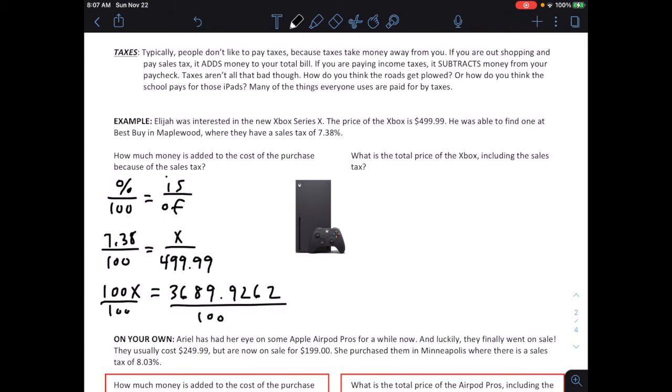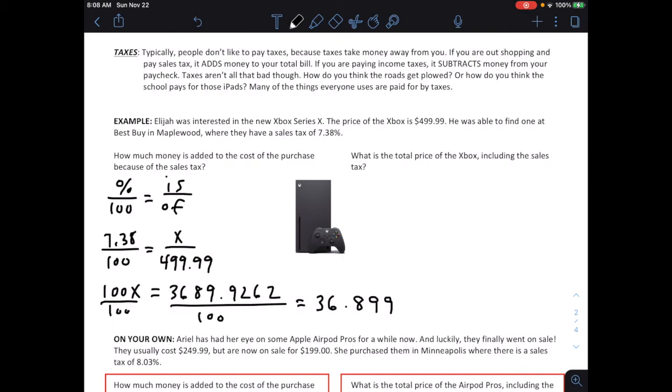And when I divide by 100, I end up just moving that decimal 2 places, right? So I end up with 36.899. And I'm going to stop right there. I don't need to write the 262 because I only want 2 decimal places. So I want to look at the third one to see what happens as far as rounding.